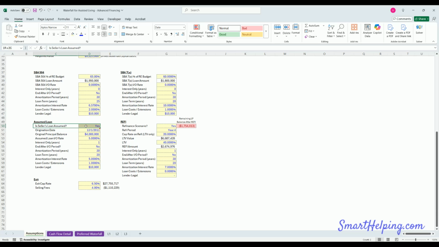And so we have to know the original balance, assumed loan interest only rate, IO period if applicable, if there was one. So you're just trying to recreate the old loan. And then after the interest only period, we have your regular amortization inputs. And then that still is subject to refi if you do refi.